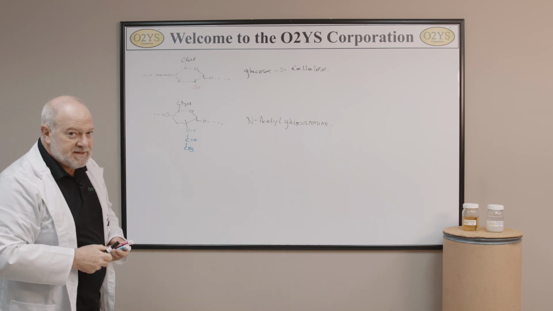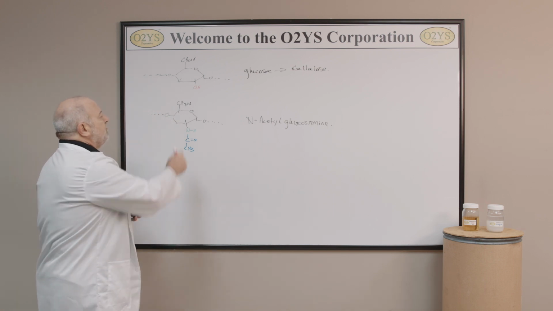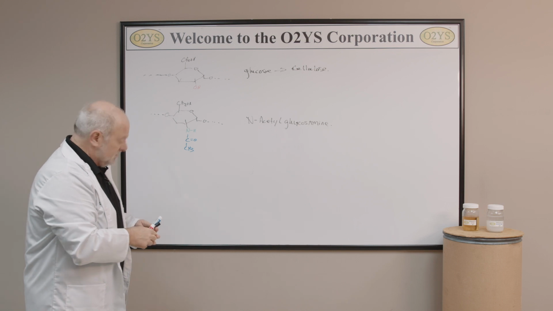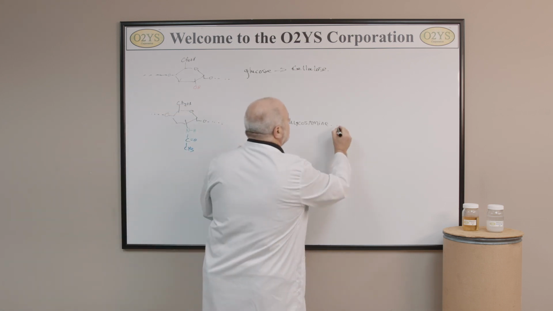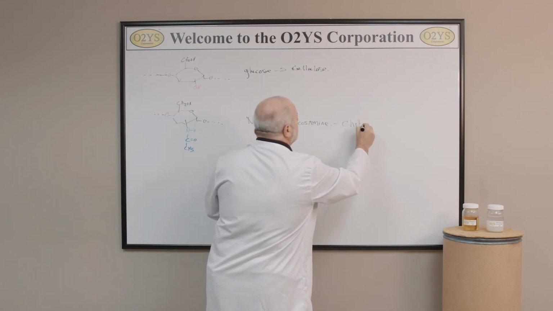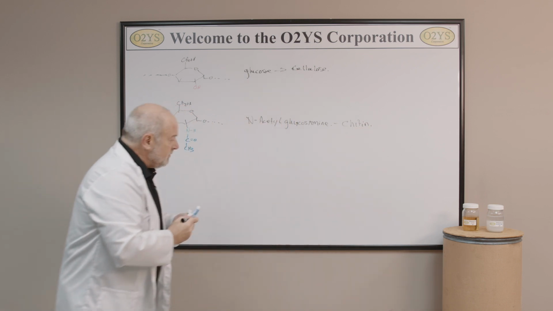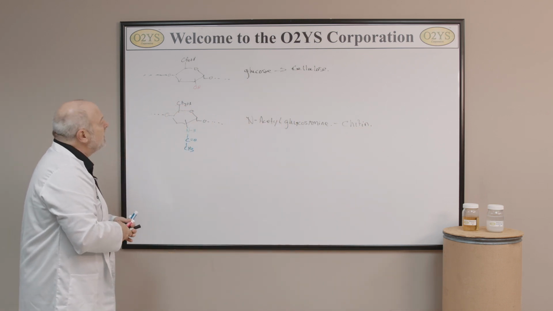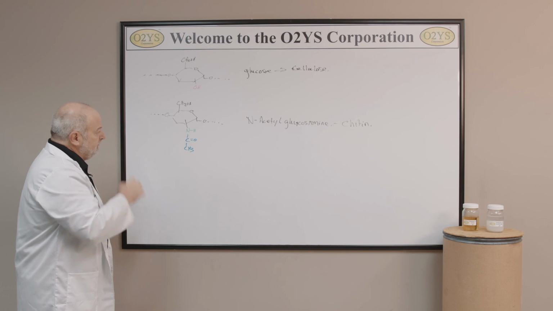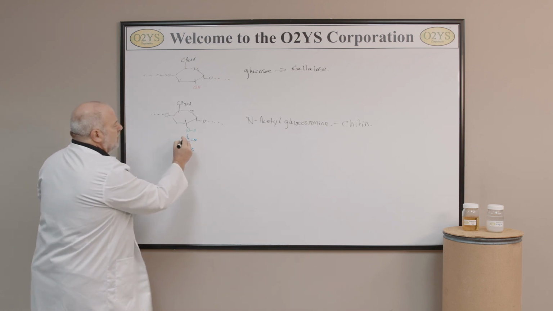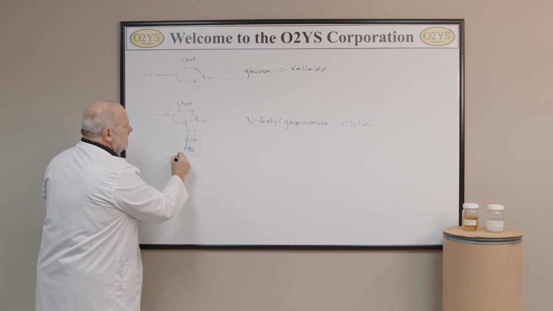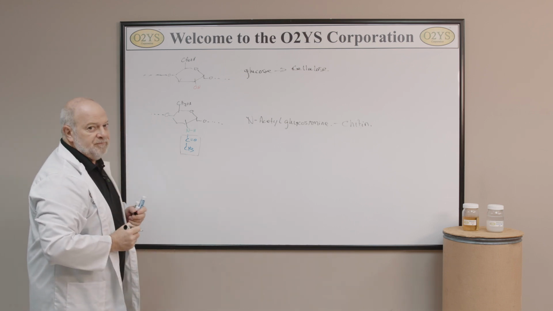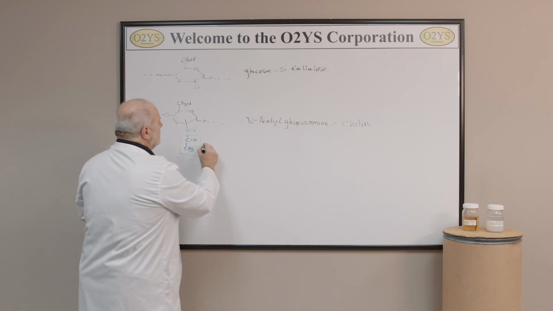Now when we get to chitosan, we start off with this structure. When we go to chitosan, what we're doing is we're going to remove this portion, which is called an acetyl group.